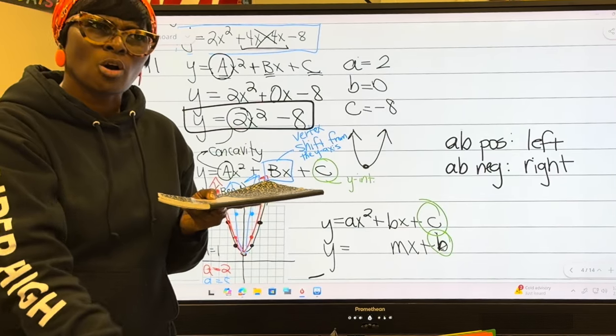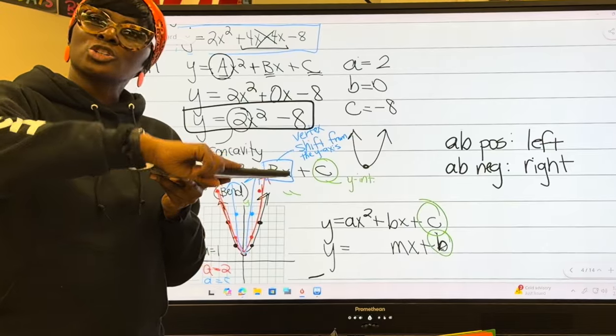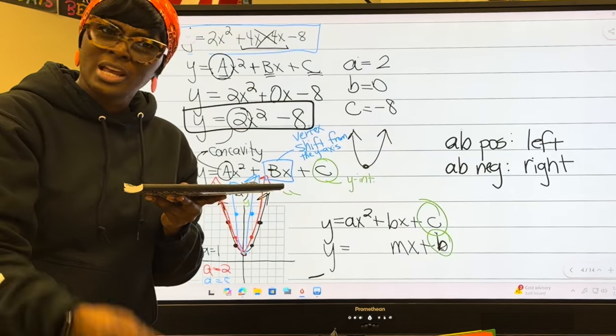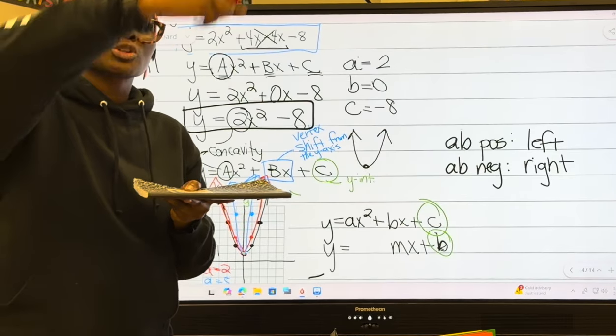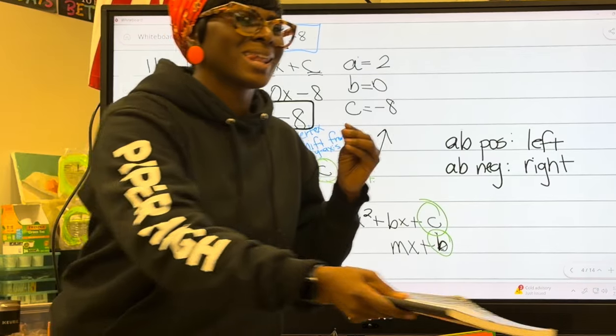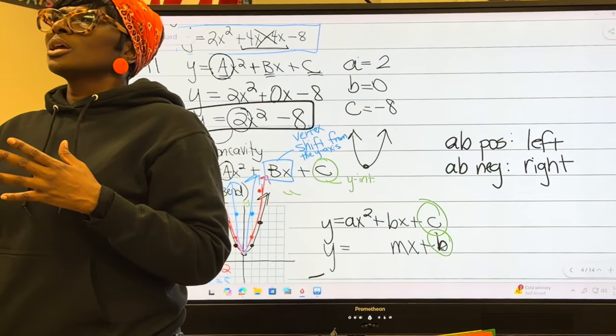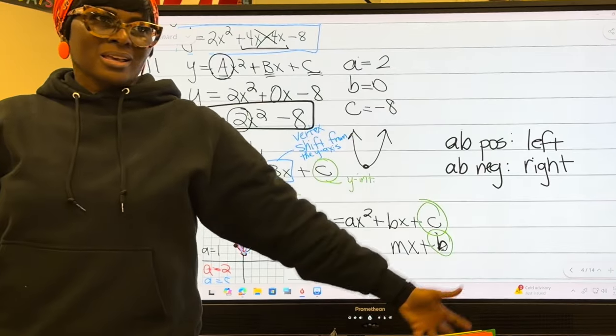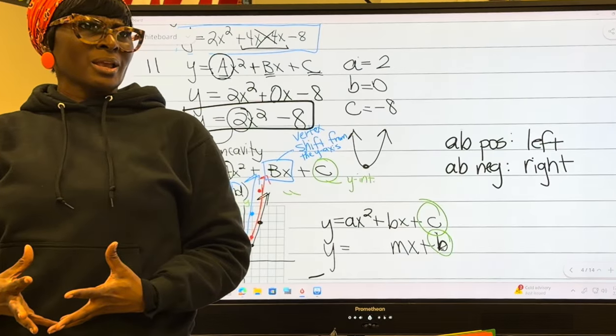It was just a fall. Why? Because they went straight down. This was their maximum point. There was no new maximum point. Are y'all following me? So we could tell a lot about anything based on quadratics, right?